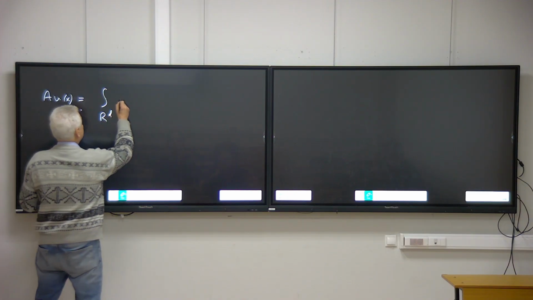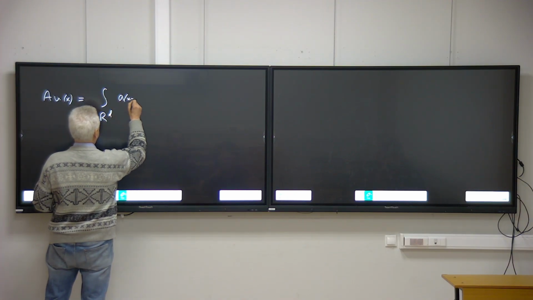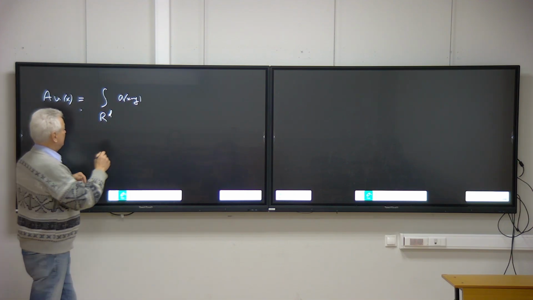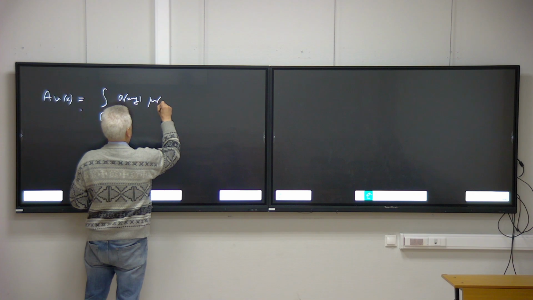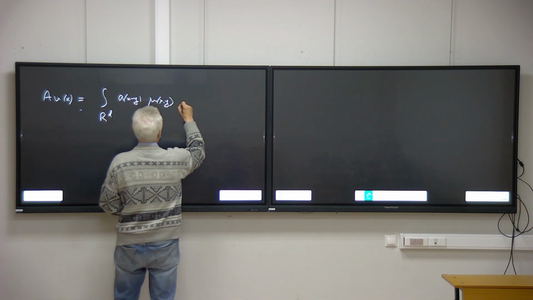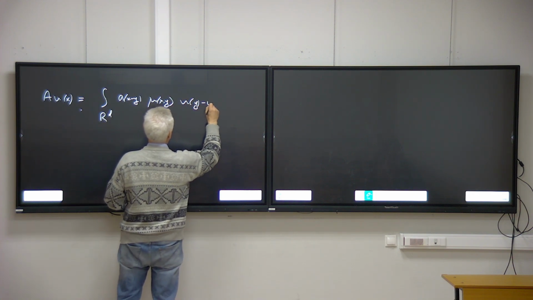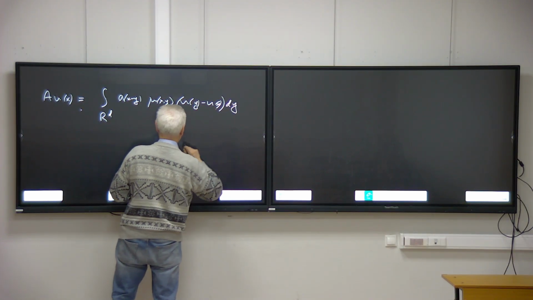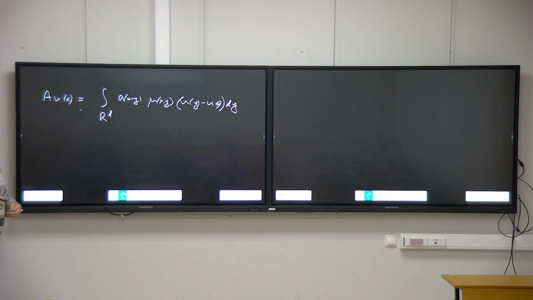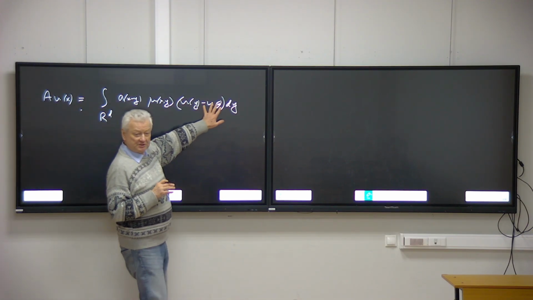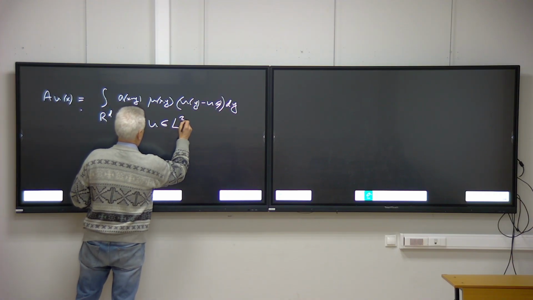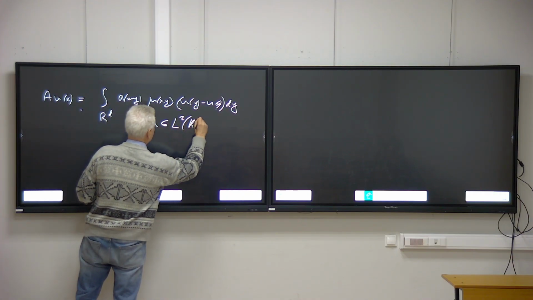Then there is a convolution kernel a(x minus y), and I write down the operator: mu times (u(y) minus u(x)) dy. That's our operator. Now, that's the function on which it acts. We usually assume that u is an element of L2 of R^d.